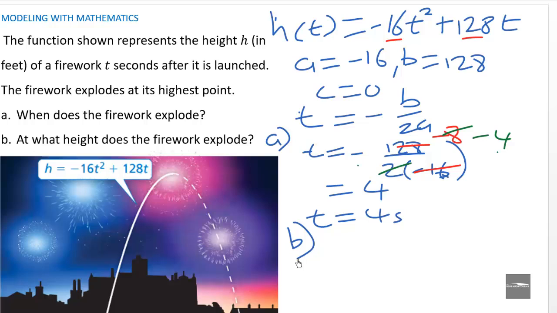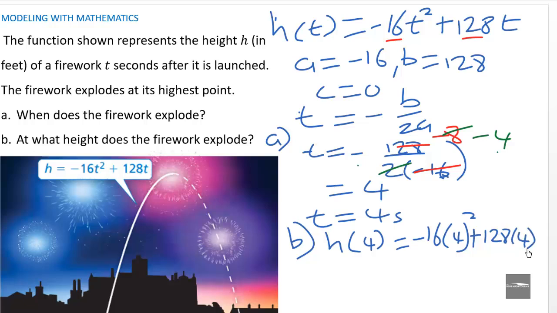To find the height, we substitute t equals 4 into h of t. So h of 4 will be equal to negative 16 times 4 squared plus 128 times 4.